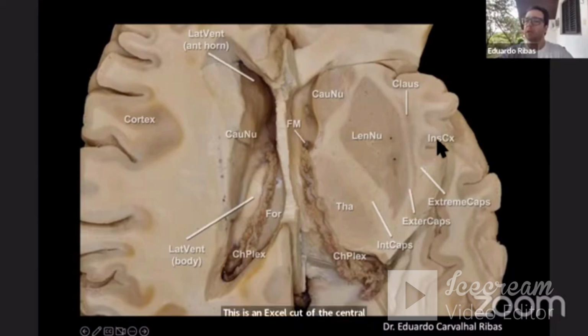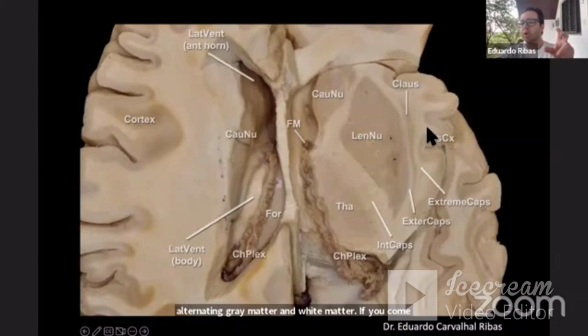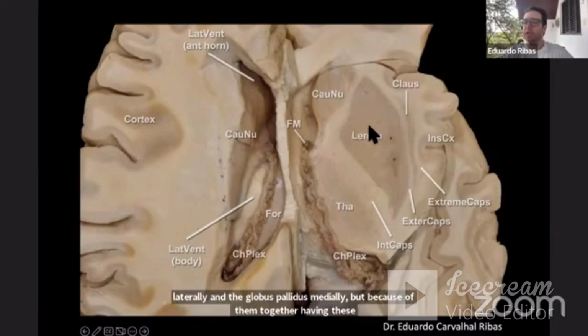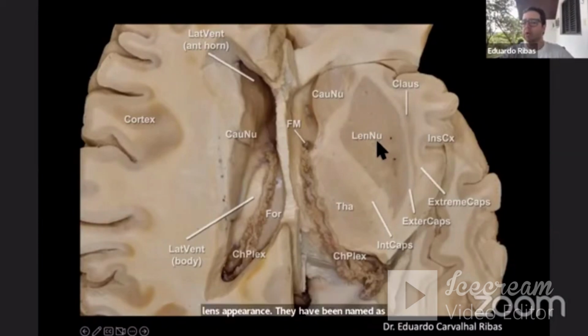From outside in, we have the insular cortex, extreme capsule, claustrum, external capsule, and the lentiform nucleus, which is made by two separate nuclei, the putamen laterally and the globus pallidus medially. Because together they have this lens appearance, they have been named the lenticular nucleus.